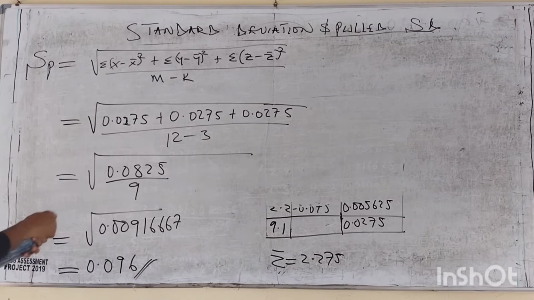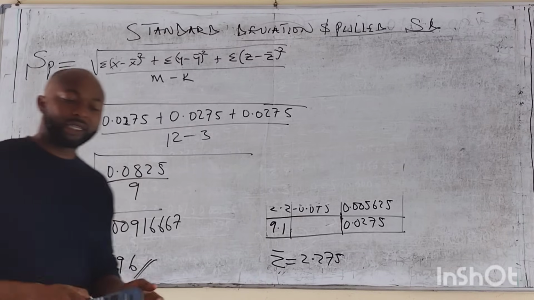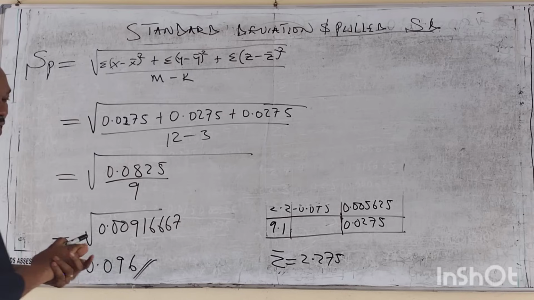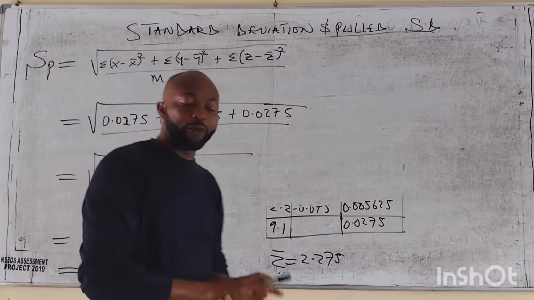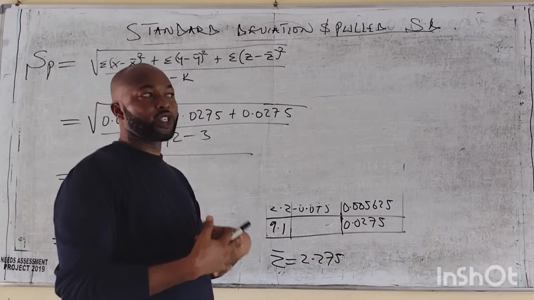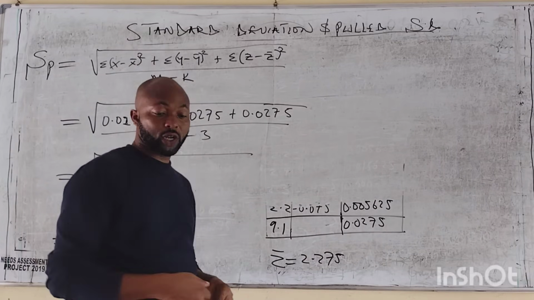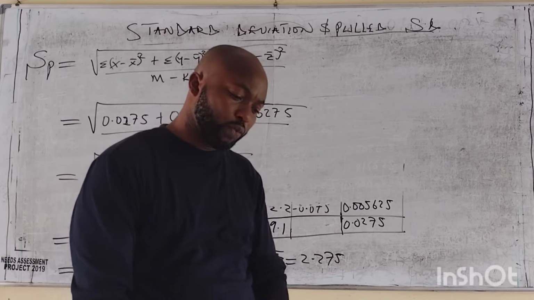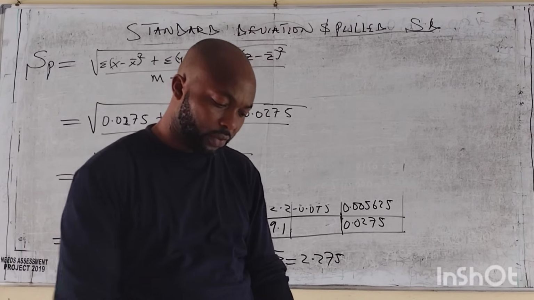So this becomes our pooled standard deviation of the 3 given variables. What I have not confirmed is to solve them separately and add them all together and see if we get the same thing, which I strongly believe we will. So that is our first question on pooled standard deviation.